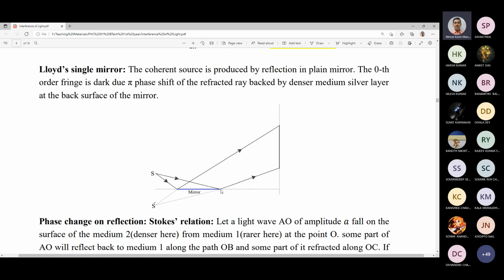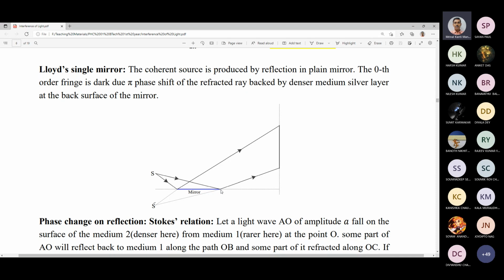That means the reflected path and direct path will be the same at the position of contact between the end of the mirror and the screen. In that situation, if we observe the fringe pattern, we can observe that it is a dark fringe. Experimentally, it has been observed that it is a dark pattern, right? That position will give you the dark pattern.